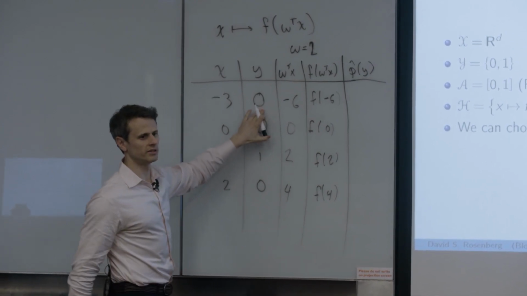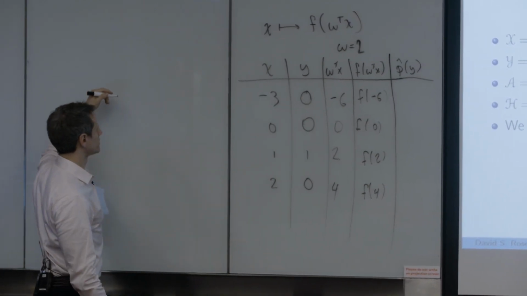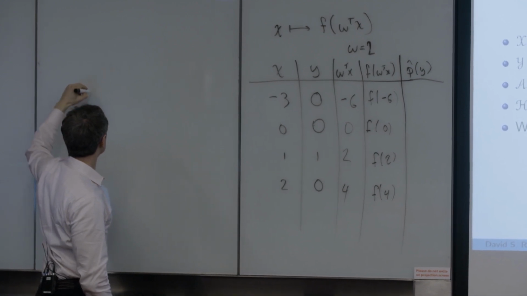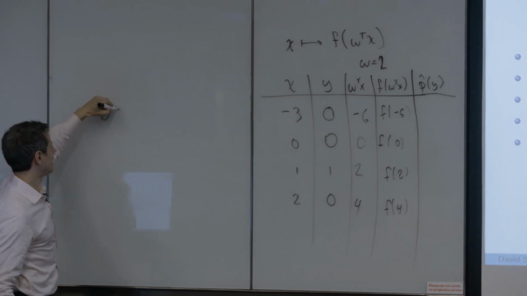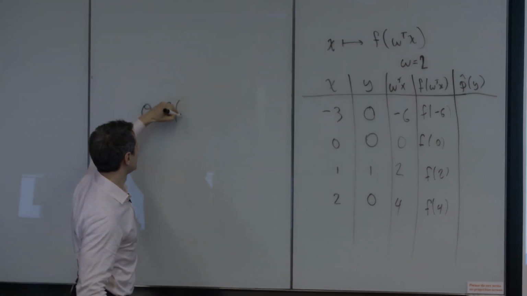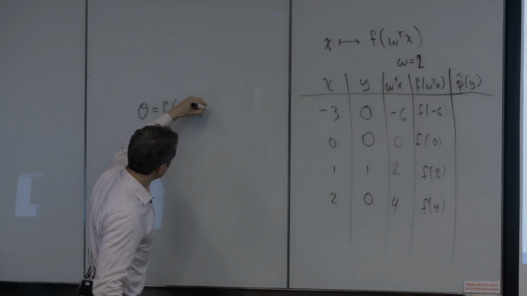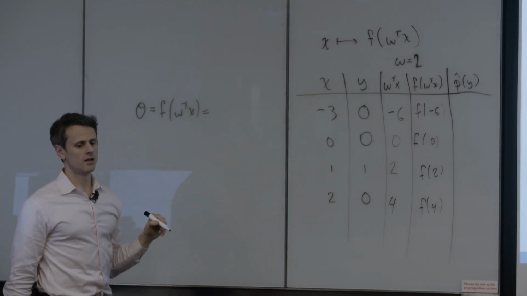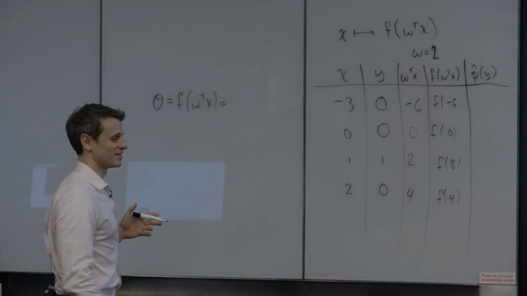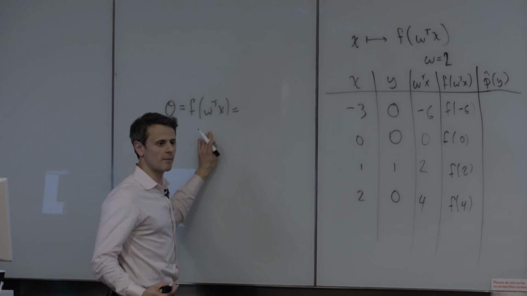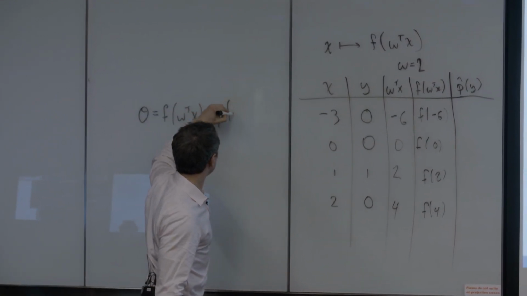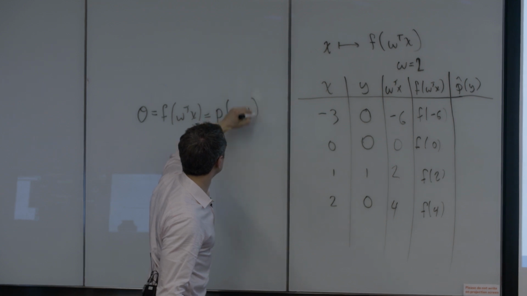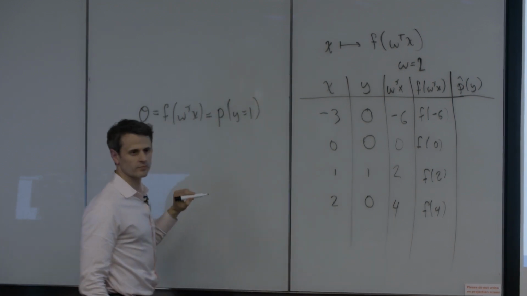There's a convention that we agreed on, which was that our parameter that we're predicting is theta, and that was going to be given to us by f of w transpose x. And what we agreed on is that theta was going to be the probability of a 1. So the probability that y equals 1 is what theta is.